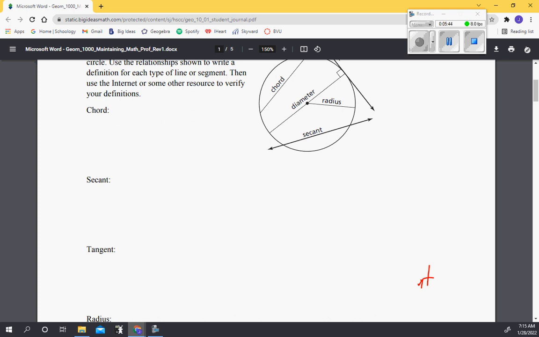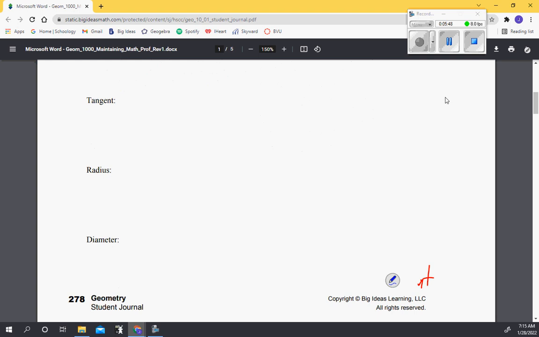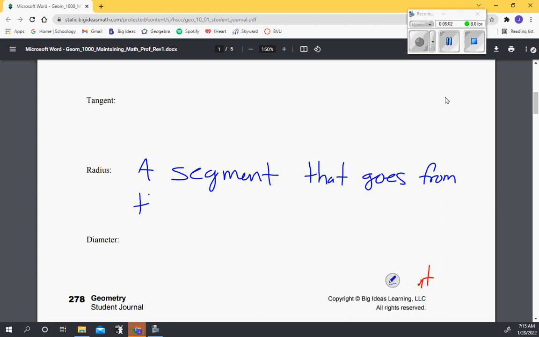It goes from the center point of the circle to any point on the circle. So the radius is a segment that goes from the center of the circle to any point on the circle.